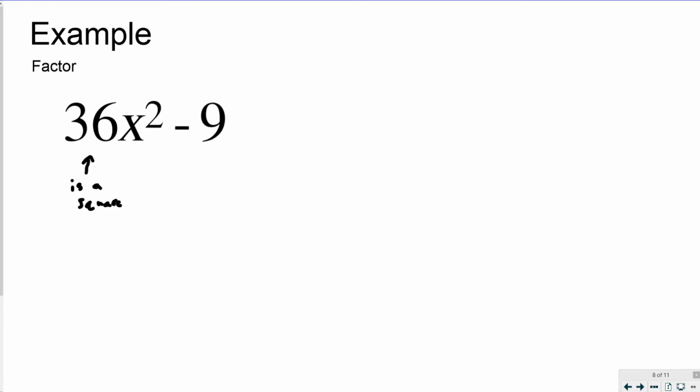So I'm going to do some recognition, and I know that this is a square. It's 6 times 6. x squared, I know that's a square. And I know that 9 is 3 squared. So when I factor this, I'm going to take the square root of 36 to be 6, 6x plus 3.